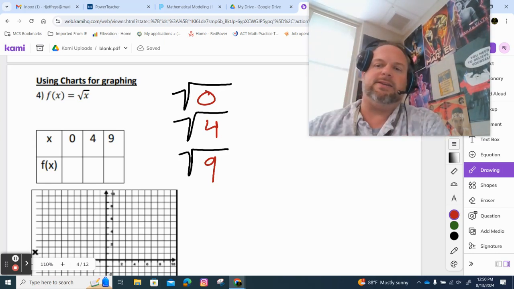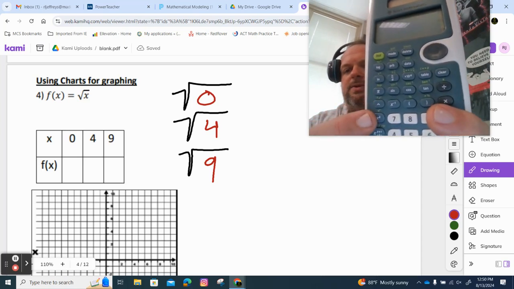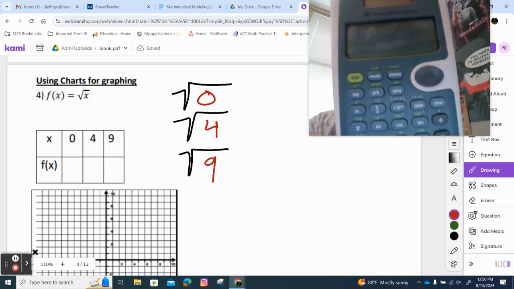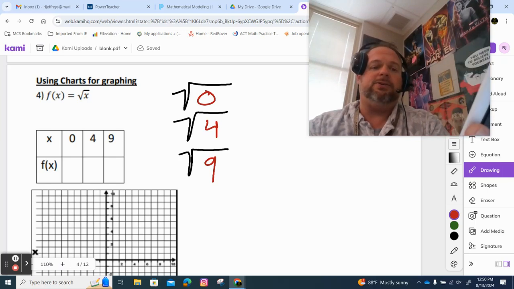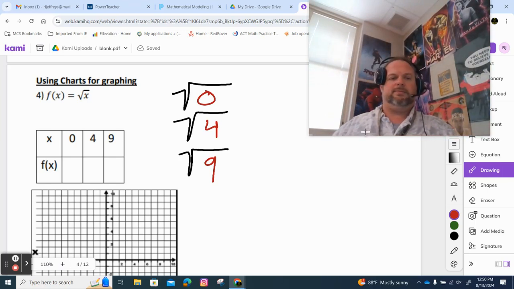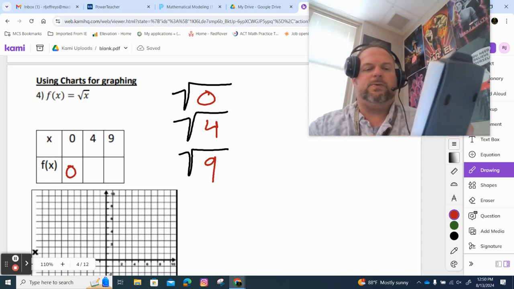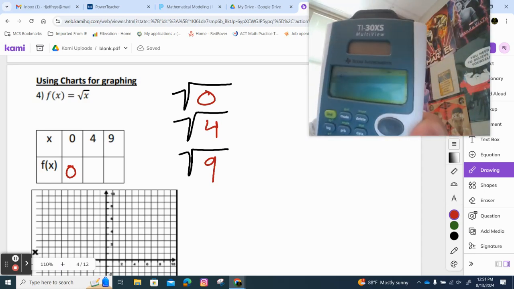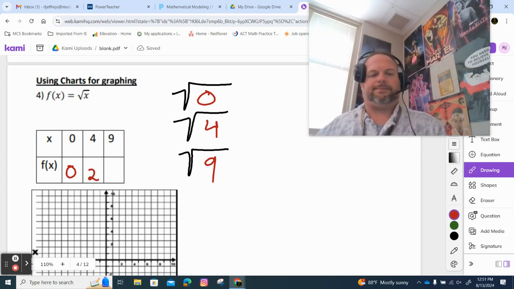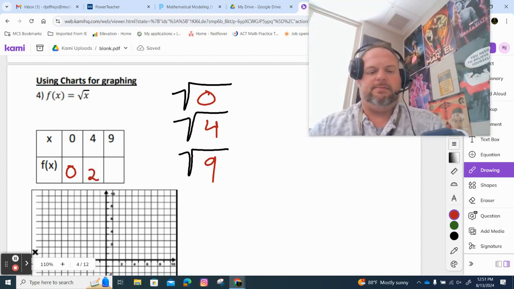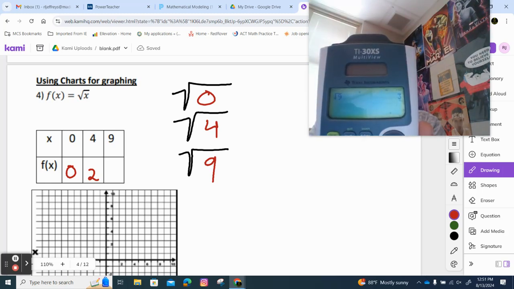If you're using one of these calculators, you hit the second button and go down to the x squared, and it should give you a square root sign. And then you type in your number. 0. And then we do it again. Second square root 4. 2. Second square root 9.